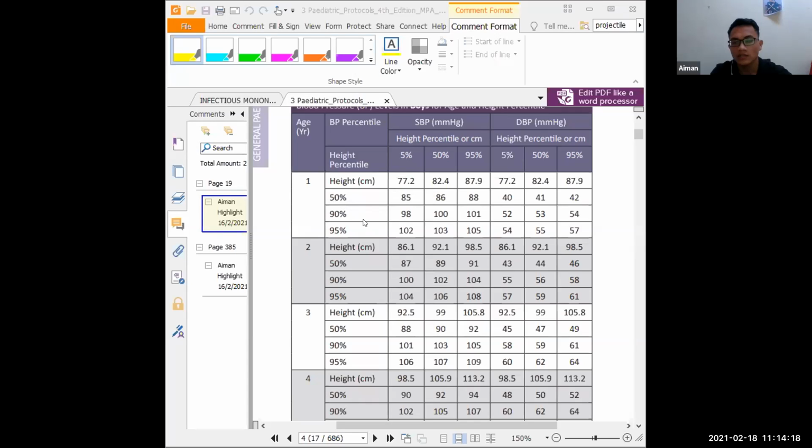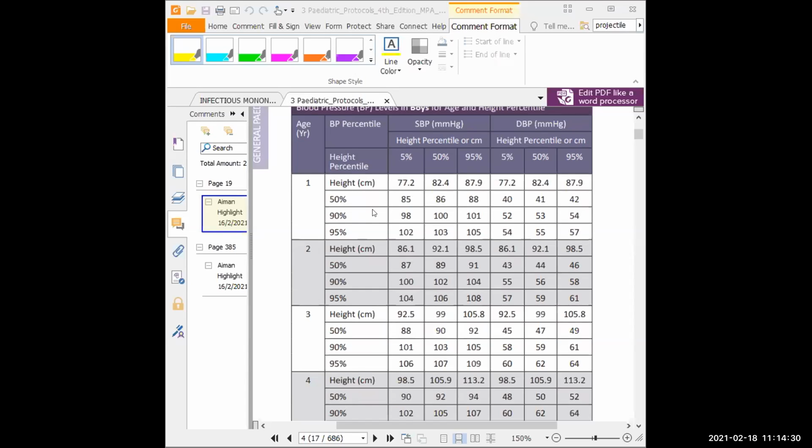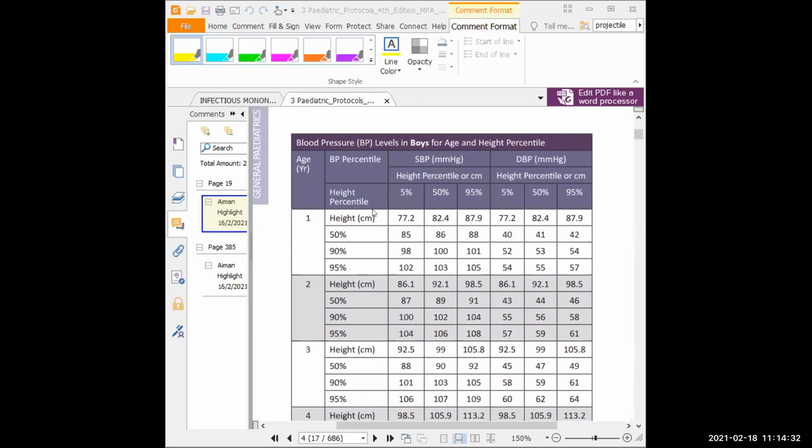In order to know whether the patient has hypertension or not, it depends on the age of the patient. You see here, in every situation we have the third centile, then the fifth, then the 25th, then the 95th.